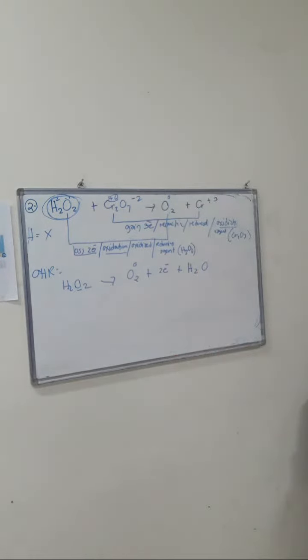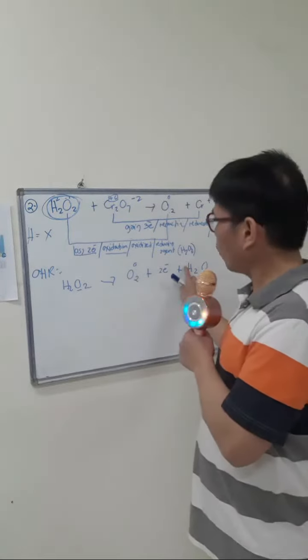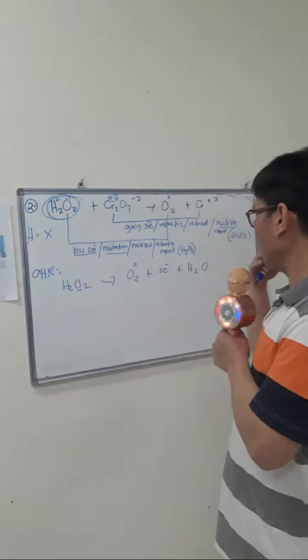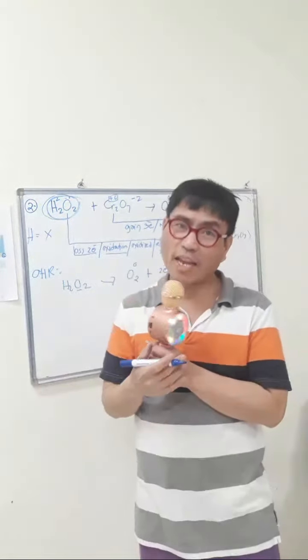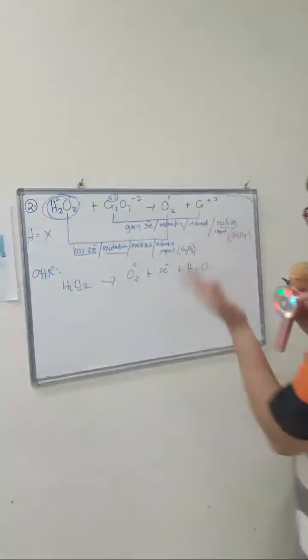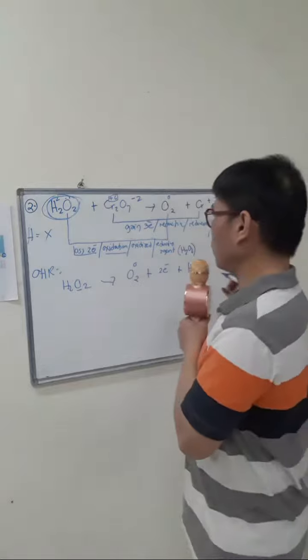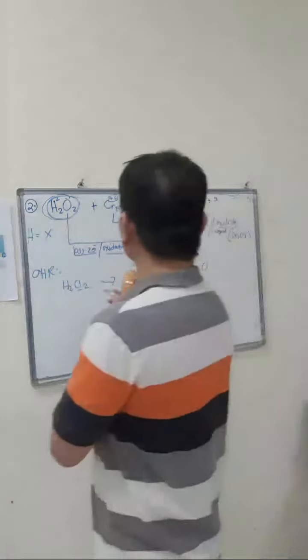But if you try to do that directly by trial and error, then you can have 2 here and 4 like that. But you have to balance immediately, right? Let's use the trial and error method to save time, because the number of moles is not very high or huge. So you need to put 2 like this.